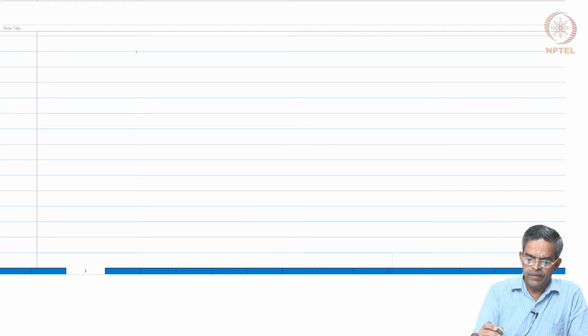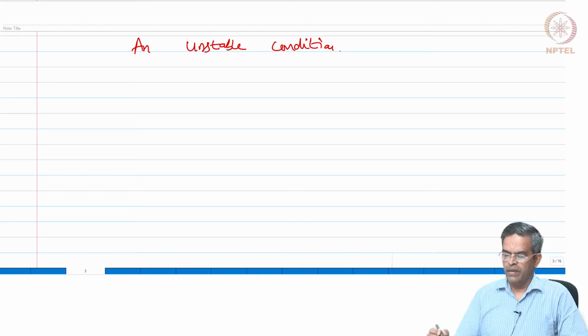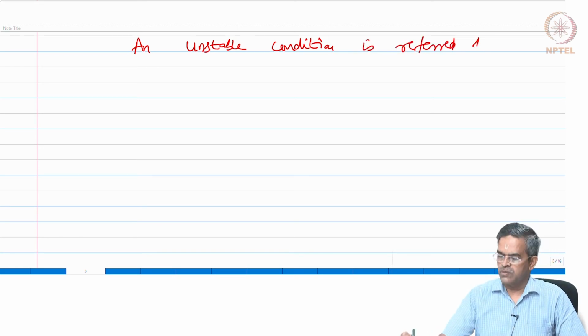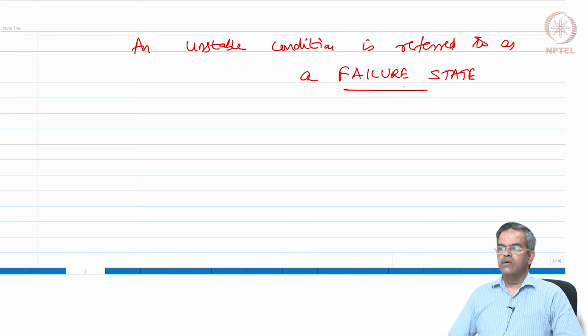Therefore, friends, an unstable condition is referred to as a failed state. So, unstable condition is a failure.